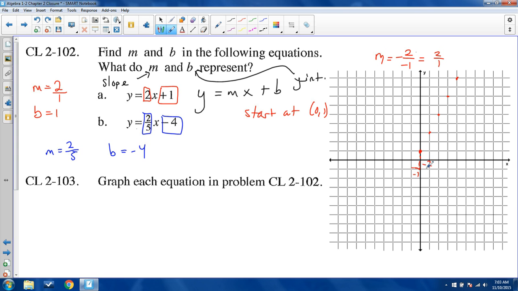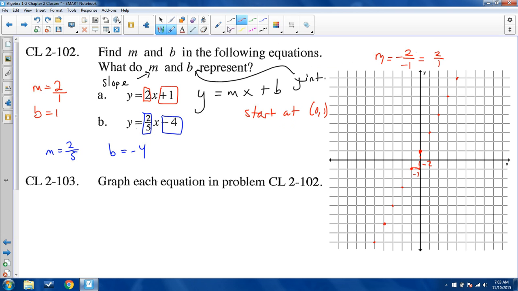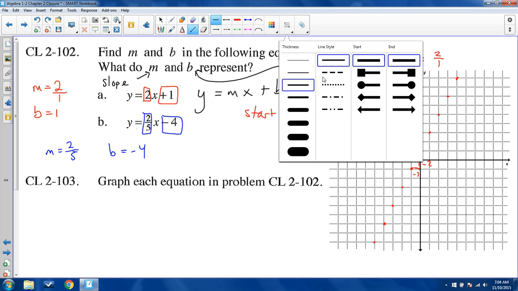Although we went in the negative direction both ways, that fraction is still positive. So this is still a positive slope. A negative slope goes downward as x runs to the right, not as x runs to the left. So just be very cautious of that. And let's go and graph this.